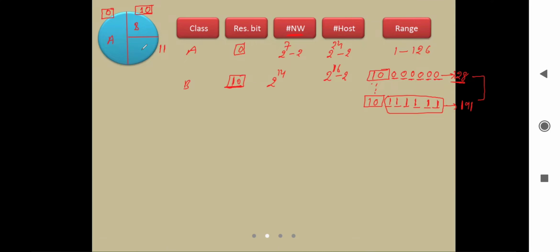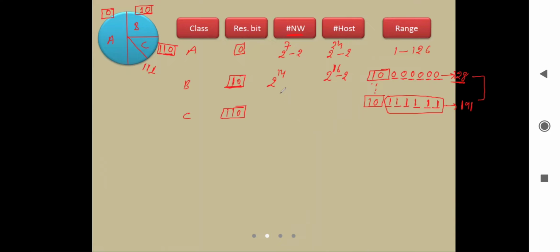So again I require one more bit. Here it is 0, and here it is 1. So this partition is given to class C, and this is the reserved bit for class C. In case of class C, the reserved bit is 1 1 0.